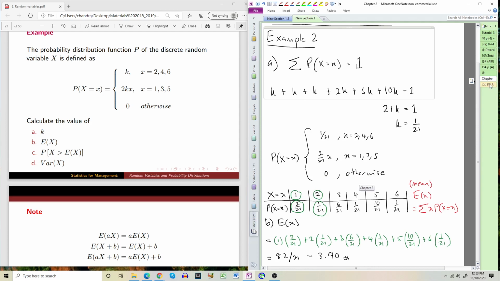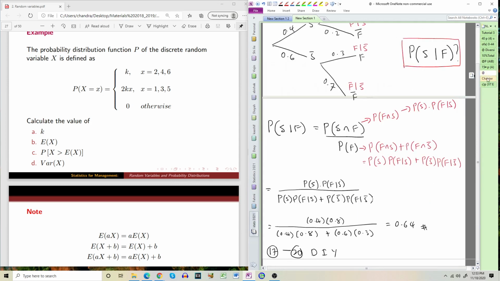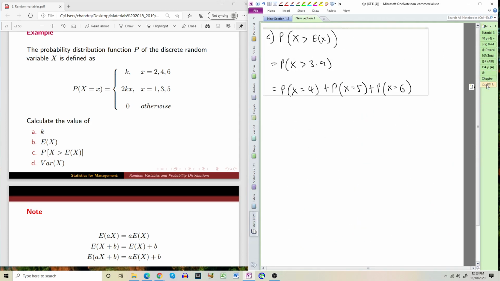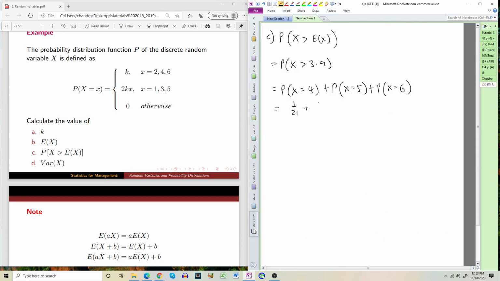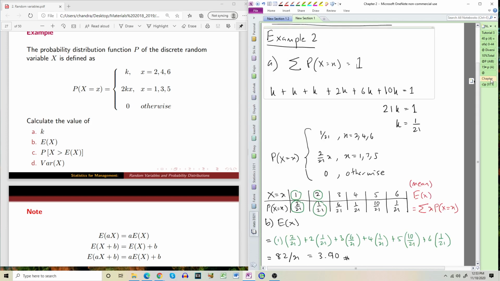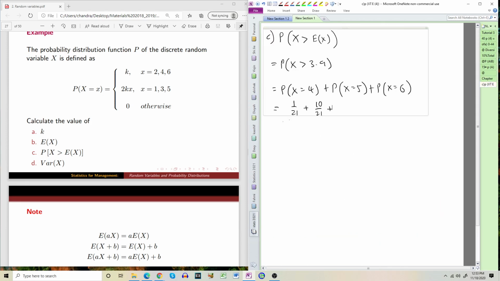Yeah, 6. So this one would be 1 over 21, 10 over 21, and number 6 is 1 over 21. If you do this, you will get 12 over 21, which is 4 over 7.